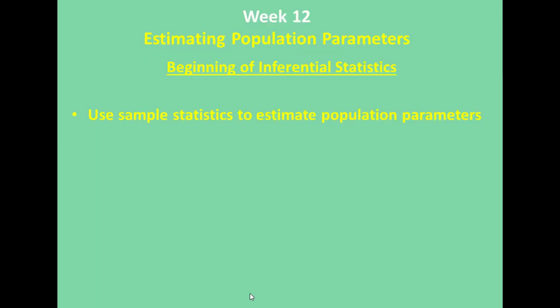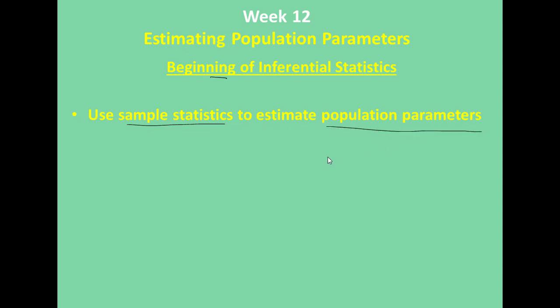Okay, so the next part we are going to look at is estimating population parameters. This topic introduces the concepts that are important in inferential statistics. It is the beginning of inferential statistics, where we use sample statistics, sample data, to estimate population parameters.